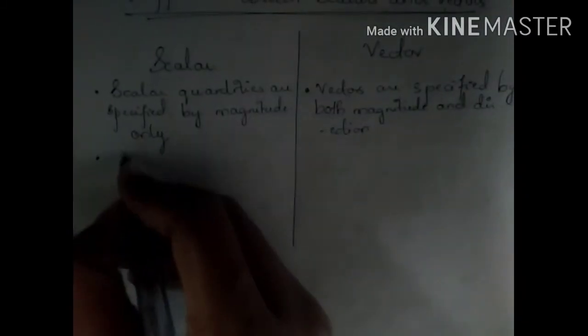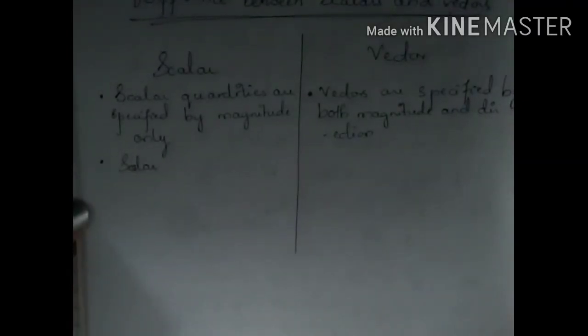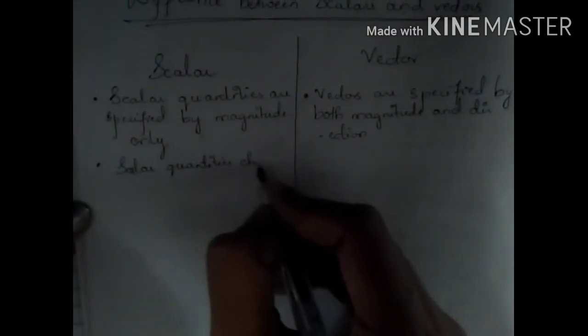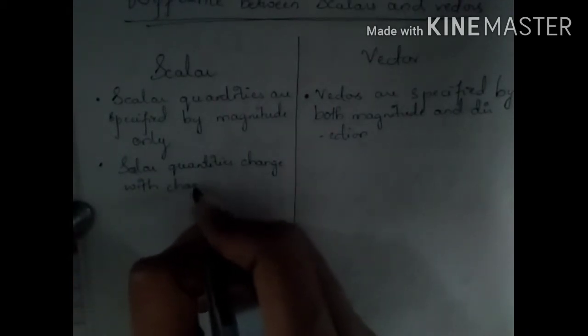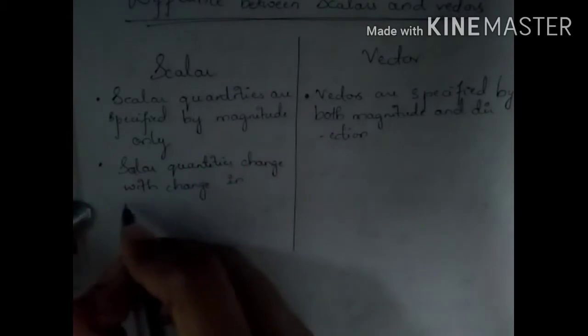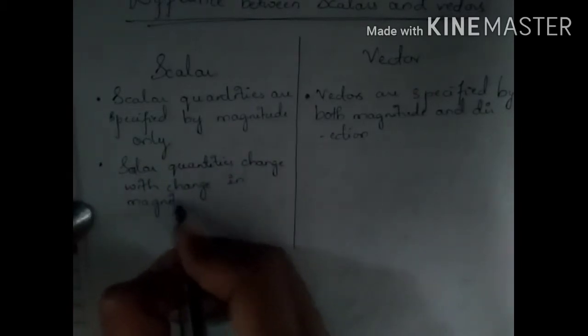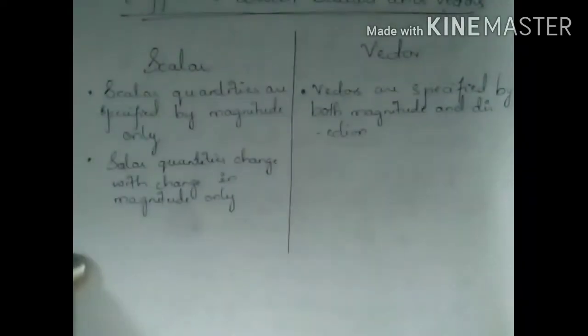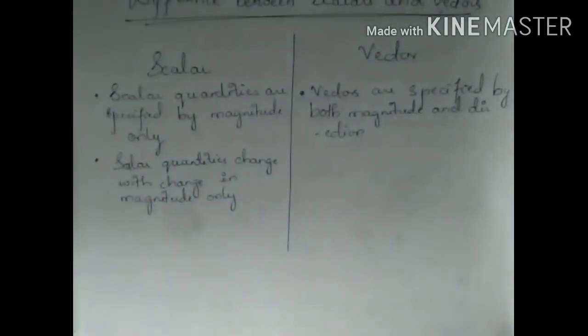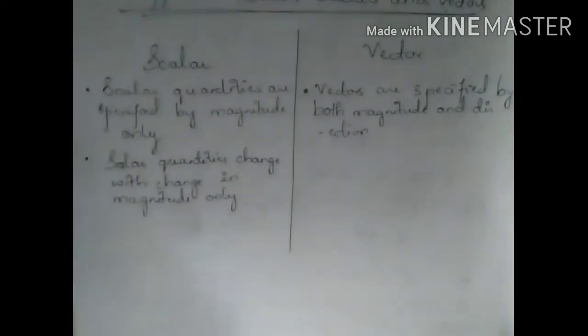The next point is scalar quantities change with change in magnitude only. Whereas the vector quantities can change either with change in magnitude or with change in direction.